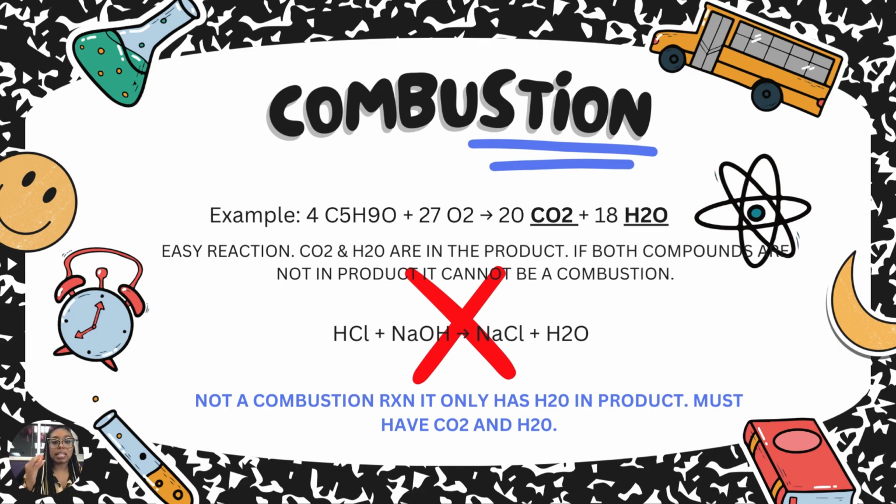However, it is not considered a combustion reaction if it does not have both CO2 and H2O in the product. So here we only have H2O, which makes it not a combustion reaction. It must have CO2 and H2O in the product in order to be considered a combustion reaction. So I hope this helped.